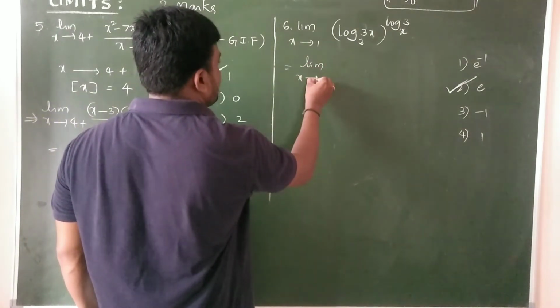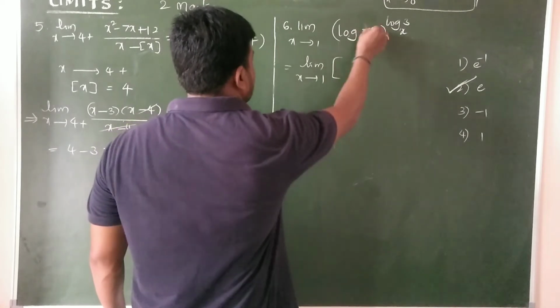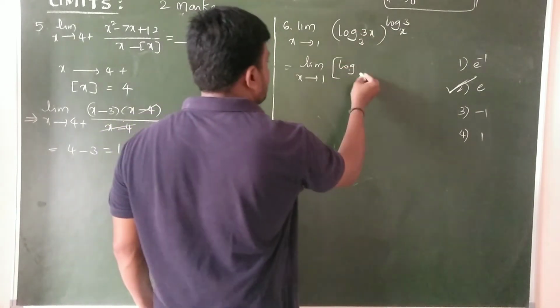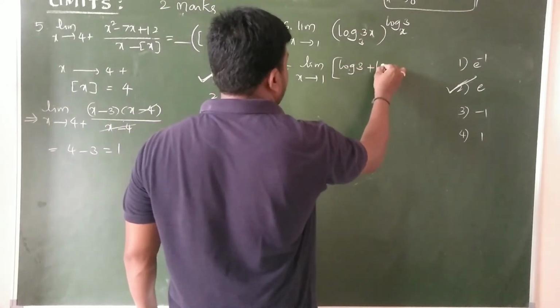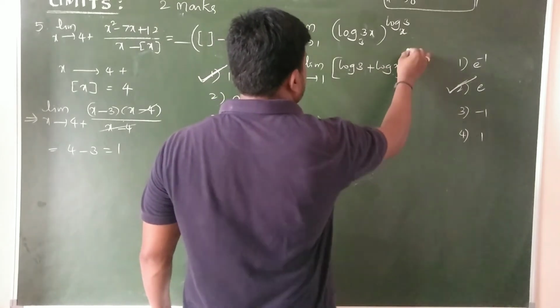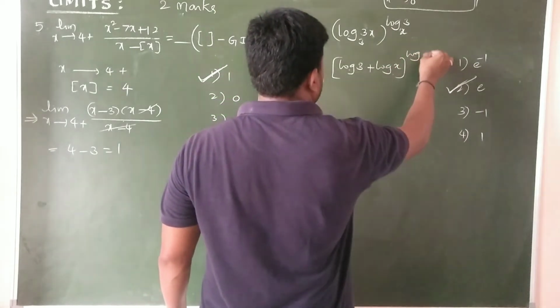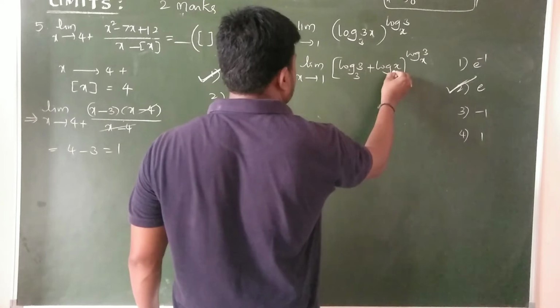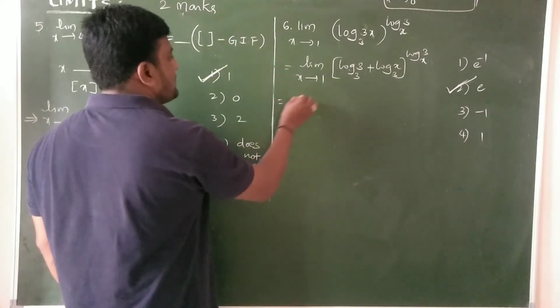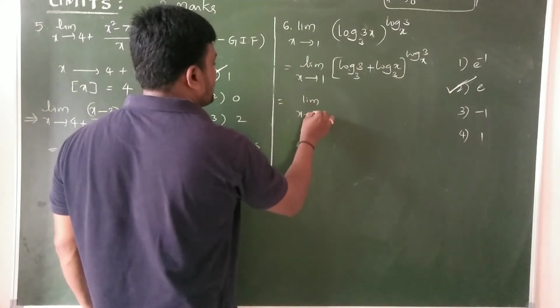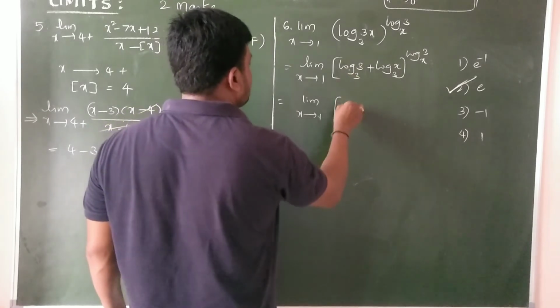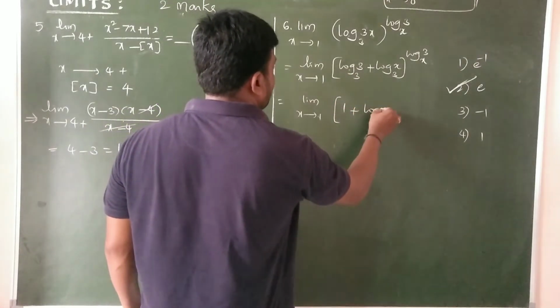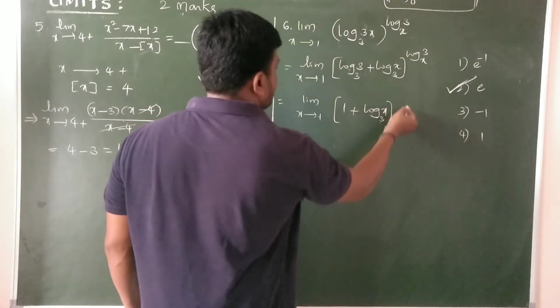Limit x tends to 1. Now it is nothing but log AB, so log A plus log B, yes or no? So log base x 3, here the base is 3, remember. Now limit x tends to 1, this is nothing but 1 plus log x base 3.